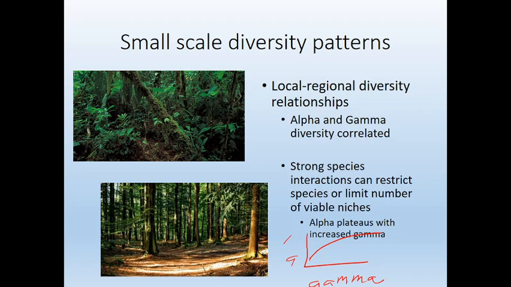So oftentimes what we see is that alpha diversity will plateau, and so even though a region might have a whole lot of species, that doesn't mean that all of those species in that region will be able to be found in one small area due to things like competition not letting a new species in or something like that.